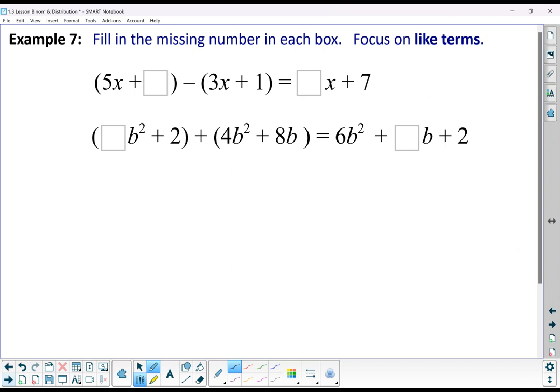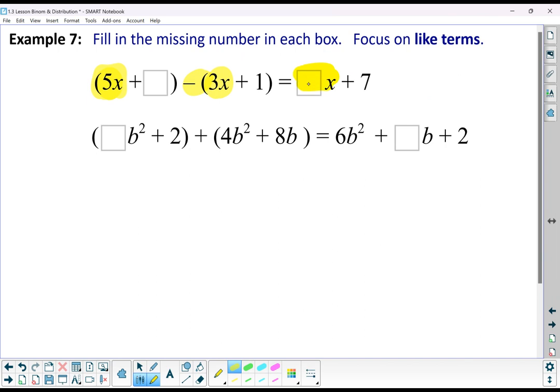Okay, so here is a couple of problems that are written out with mystery numbers. We want to try to figure out the missing number that goes in each box. And to do this, you want to focus on like terms. So I'm going to use some highlighting. So in this first expression right over here, I've got this 5x, and then I also have a like term with the 3x, but there's a subtraction symbol there.